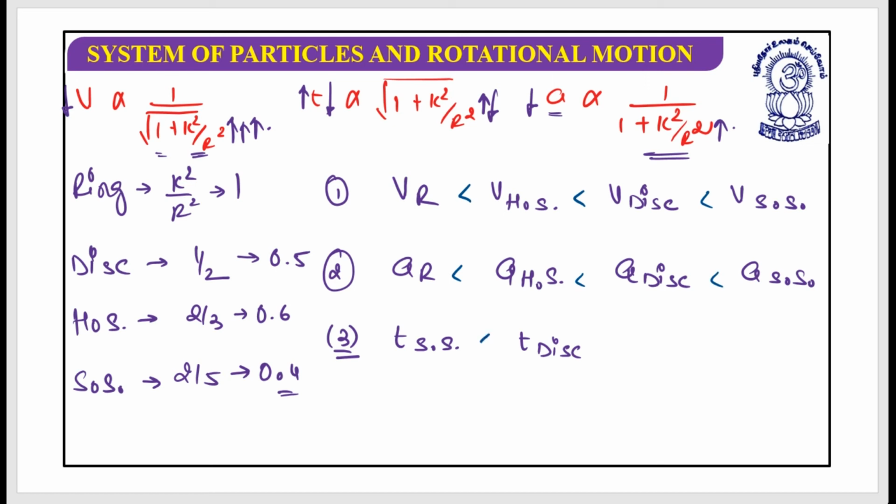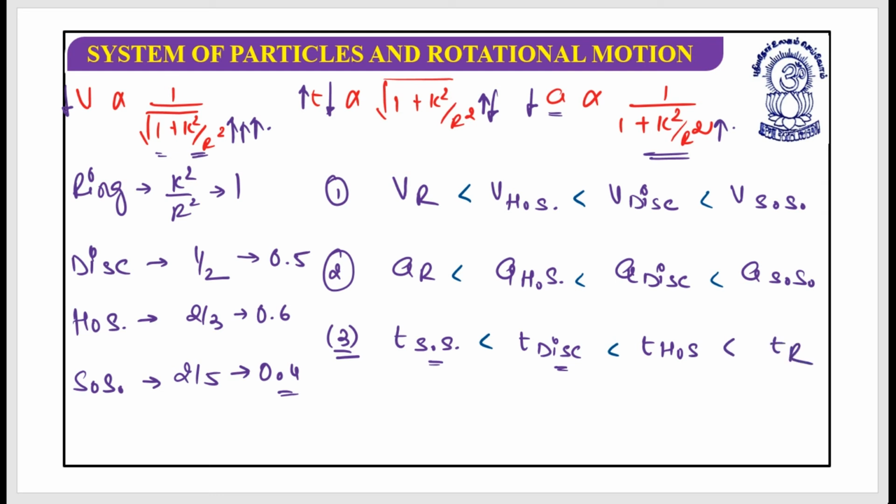So the least time would be of the solid sphere. Then the disk would require a greater amount of time than the solid sphere. Next, the solid sphere has gone, then the disk has gone, then the hollow sphere, and then the ring.